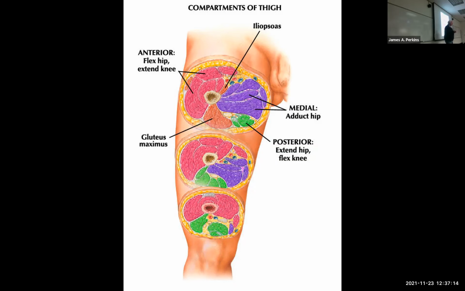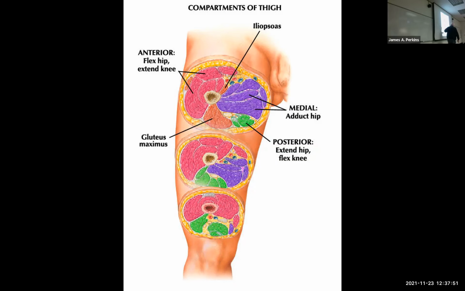The only exception to that would be pectineus, which acts as a flexor of the hip along with the anterior muscles. Most of the medial muscles are also innervated by the obturator nerve. The exception to that is also pectineus, which is innervated by the femoral nerve. But the others are all innervated by the obturator.